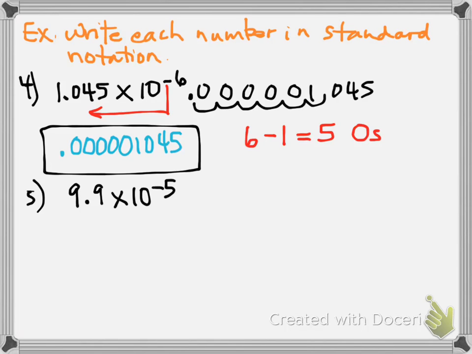And don't forget, when you move it, if you have blank spots, you've got to fill them up with zeros. The rest of you can be writing this down yourselves. All right, tell me what to write. 9, 9, 0, 0, 0.